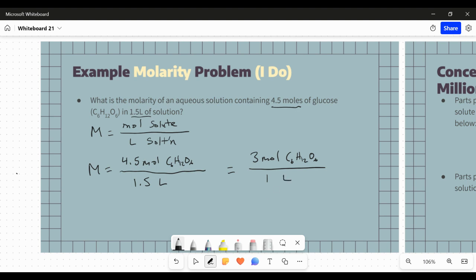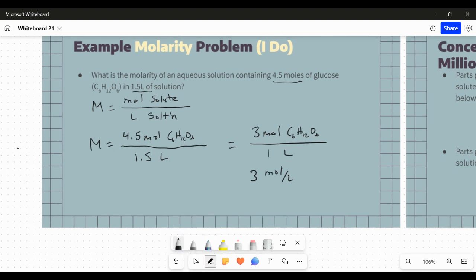Now, there's a few ways to represent this. You could also see this as 3 moles slash liters. This is 3 moles per liter. But what's more common is this mole unit and this liter unit will get absorbed into what is our new concentration unit.